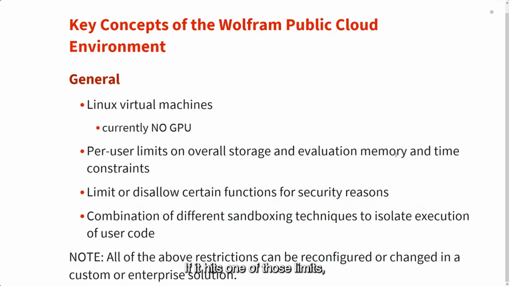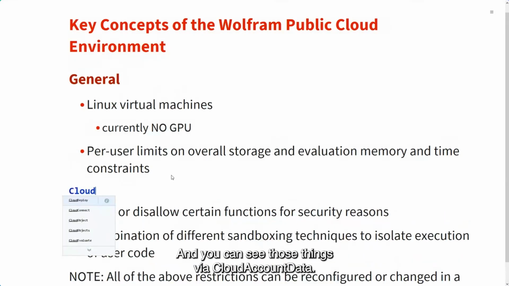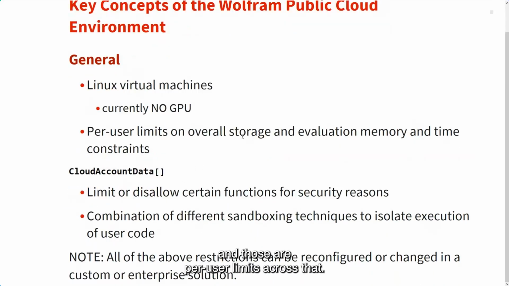If it hits one of those limits, your evaluation will return failed, or will kill the kernel on you. You can see those things via cloud account data. But just a reminder, it's shared resources, and those are per user limits.